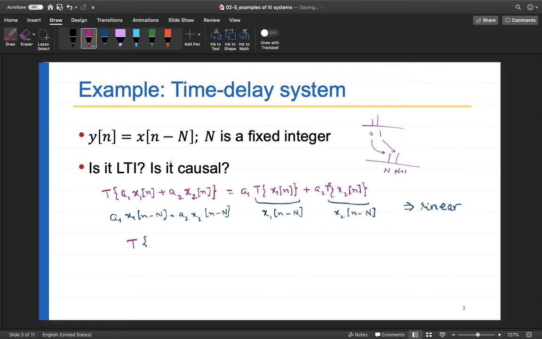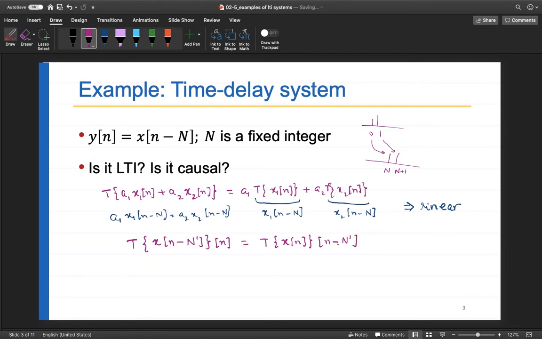The transformation of a delayed version of a signal, let us say x of n minus some other n dash, is equal to the transformation of the non-delayed version of the signal, which is x of n, but the sequence is shifted by n dash.